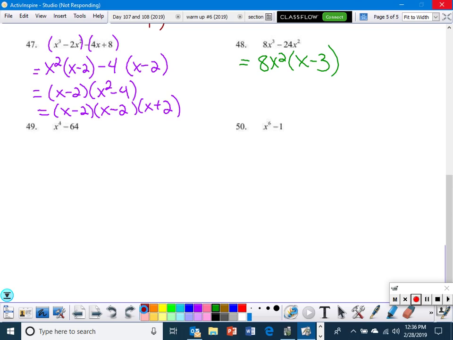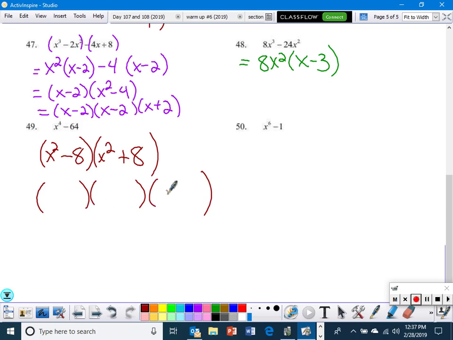All right, x to the 4th minus 64. Well, that's a difference of 2 squares, so let's start off. X squared minus, plus, square root of 64 is 8. Okay, well, what do you notice about x squared minus 8? Oh, look at that. That's another difference of 2 squares. Now, the x squared plus 8, there's nothing you can do to that. But the x squared minus 8 can become x minus... Well, wait.